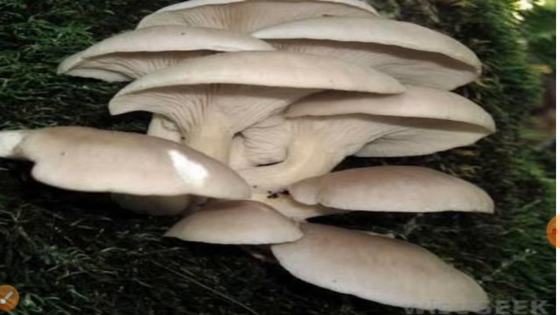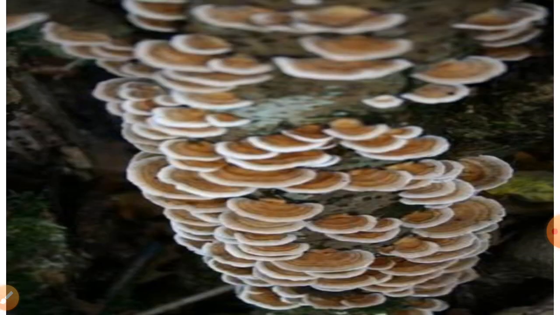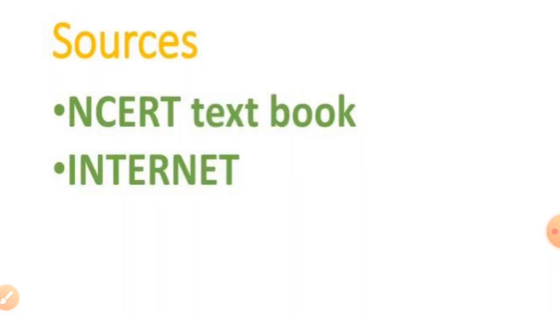So this is also an example of a saprophyte. Mushroom is also an example, because it grows on dead and decaying matter. There are different types of mushrooms. You can see this is also a saprotroph because it grows on dead and decaying matter. This is a tree that is decaying.